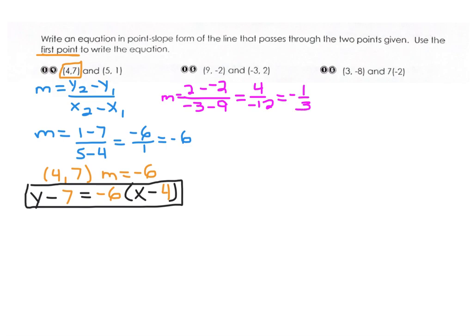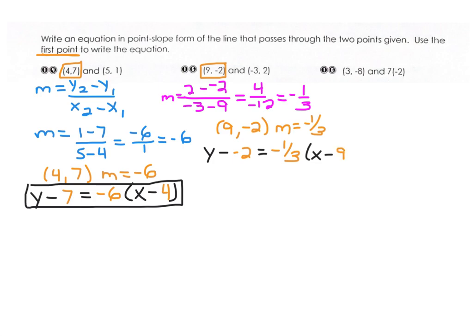Again, we're going to use that first point. So we have the ordered pair 9, negative 2, and we have a slope of negative 1/3. Let's go ahead and write that in our point slope form. So y minus y1 equals slope times the quantity of x minus x1.